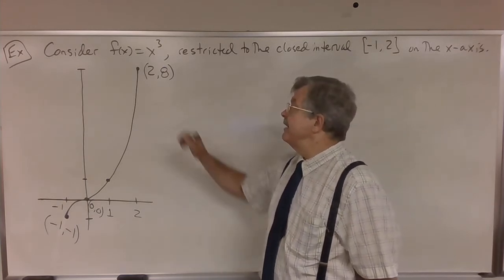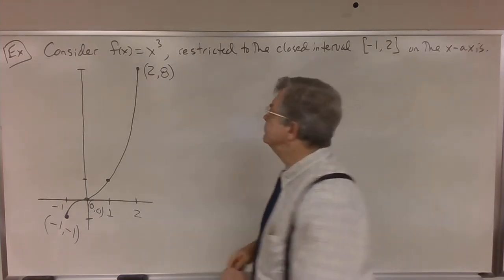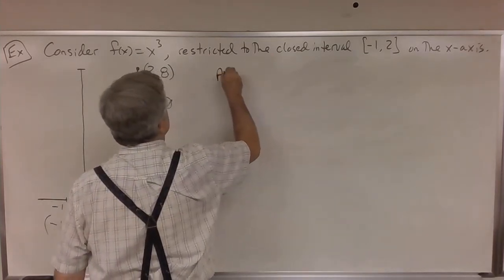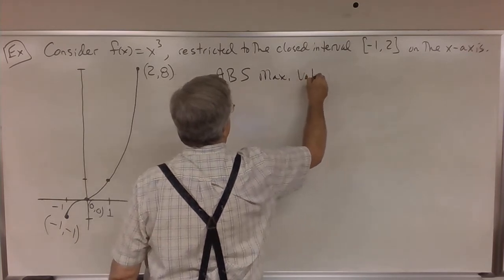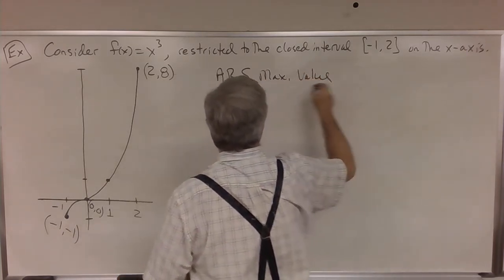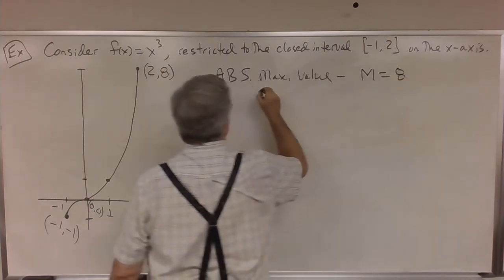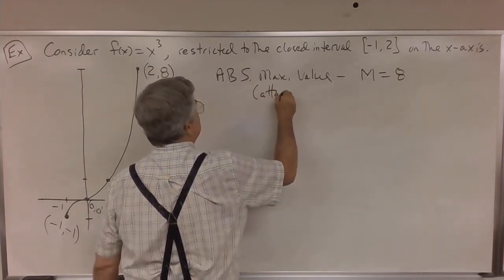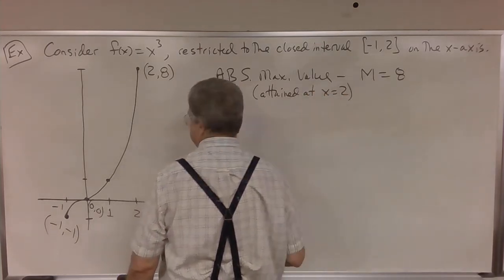And we look at the graph and we go, duh, the largest value is 8. And I'll say attained at x equals 2.